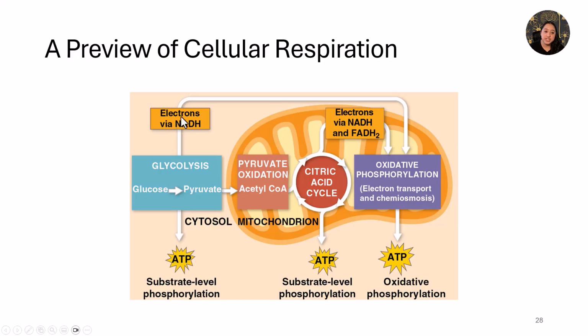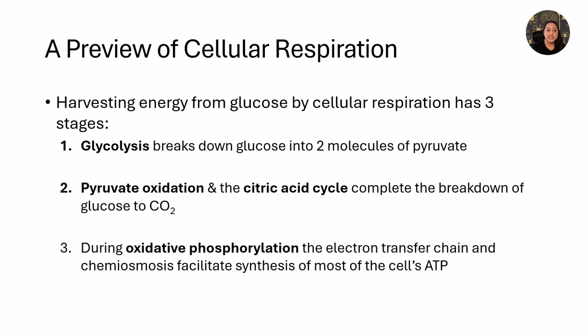They each put in some electrons, and then this is where that gets powered and the most ATP is made. There are even spaces for numbers that you could fill in by the end of the whole lecture. So that's the preview of cellular respiration.